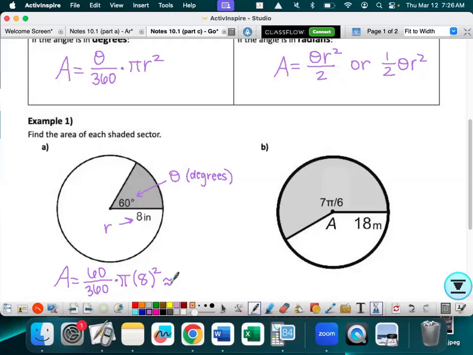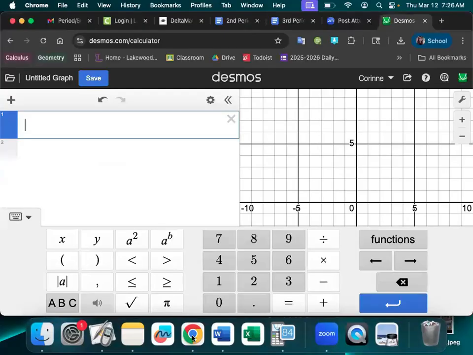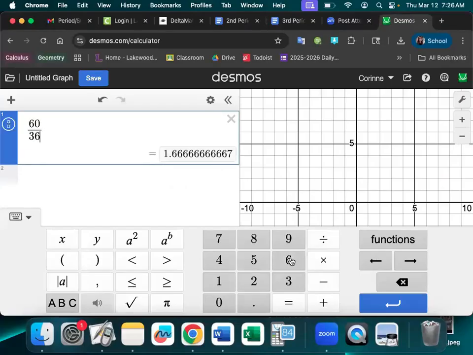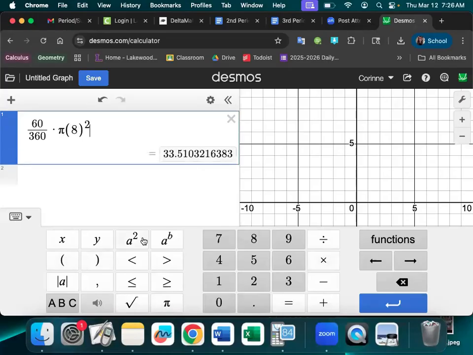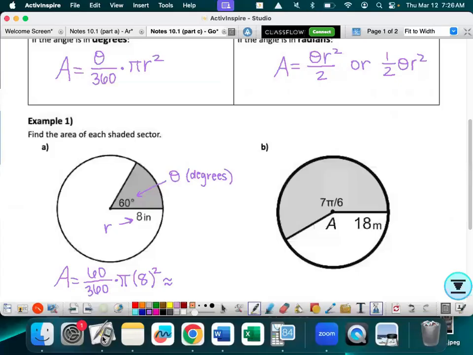Let's go ahead and type this into our calculator. 60 divided by 360. Make sure you get out of the denominator. Times pi, 8 squared. I'm going to round my answer to 2 decimal places. 33.51.